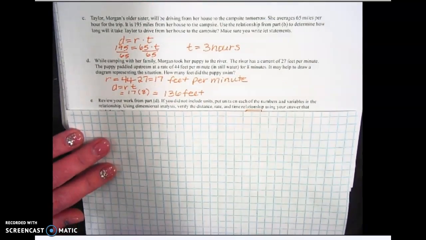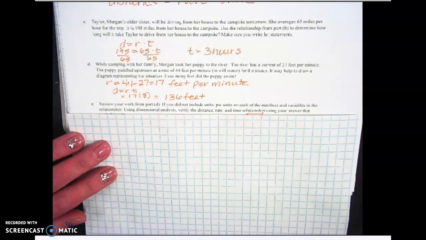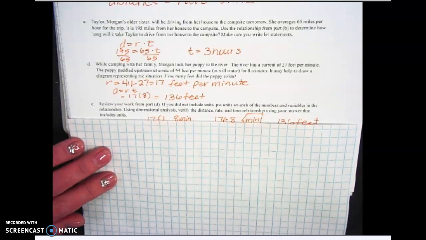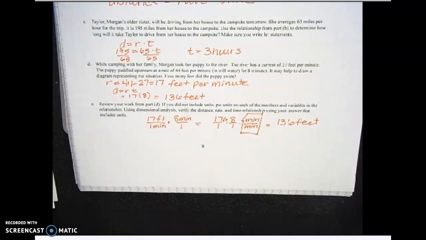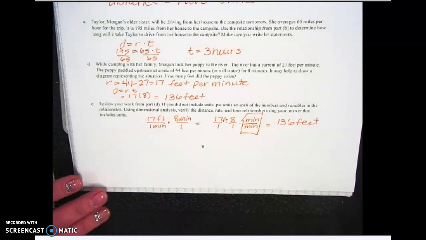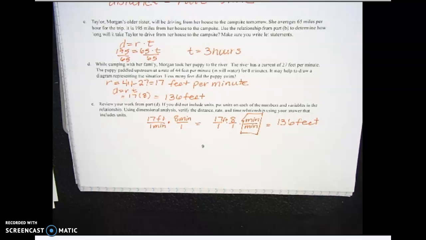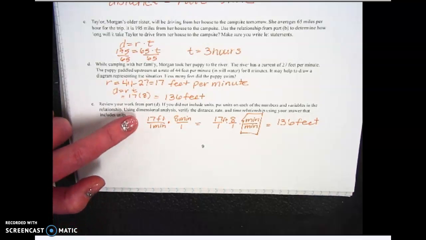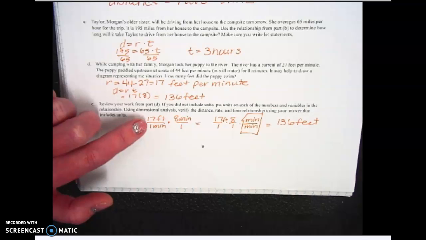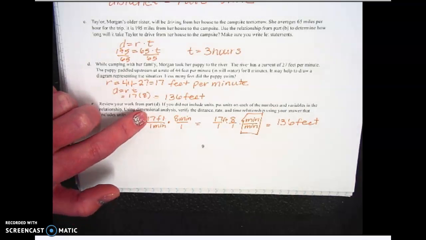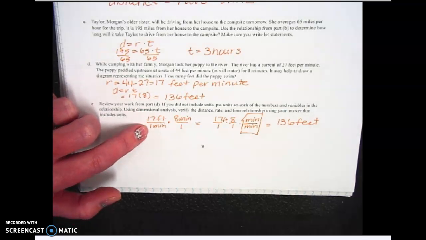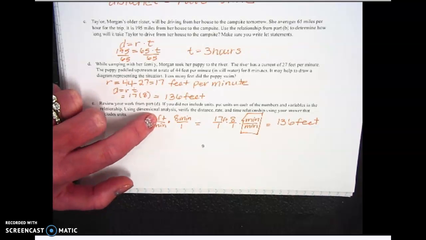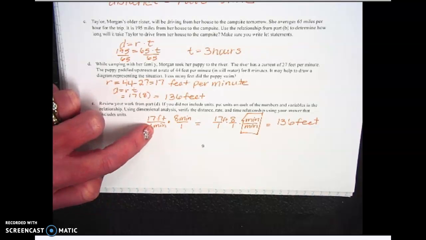Okay, and the last question, review your work from Part D. If you did not include units, put units on each of the numbers and variables in the relationship using dimensional analysis. Verify the distance, rate, and time relationship using your answer that includes units. Okay? This is what they want you to do. They want you to say that that puppy swam 17 feet per 1 minute. So they just want you to write this feet and minute thing.